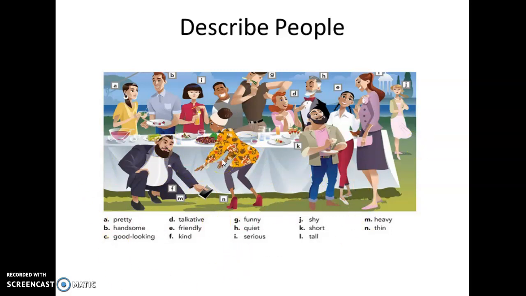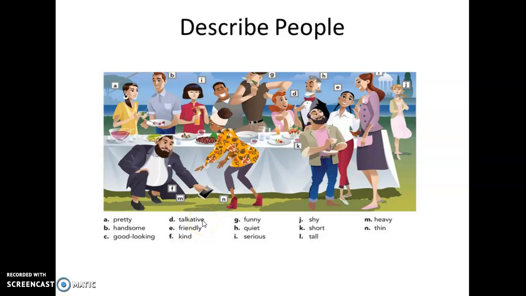Practice pronunciation is very important, remember. Pretty, remember that you are going to follow the letters with the pictures. For example, pretty, nos vamos a direccionar a, aquí está, una chica, pretty, bonita, linda. Then you have here handsome, good looking, bien presentado, bien parecido.